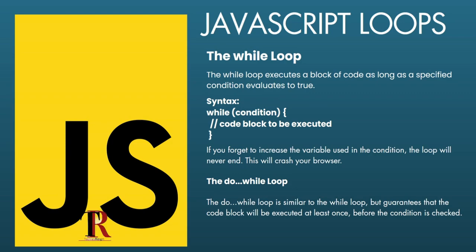In the last lesson, we talked about the while loop, and we were able to demonstrate how the while loop works in JavaScript. Now, a very important thing to note about this loop is that each of the loop types has conditions that need to be met before they can be evaluated to true, which means that if your condition is wrong, it does not matter the type of loop that you are using.